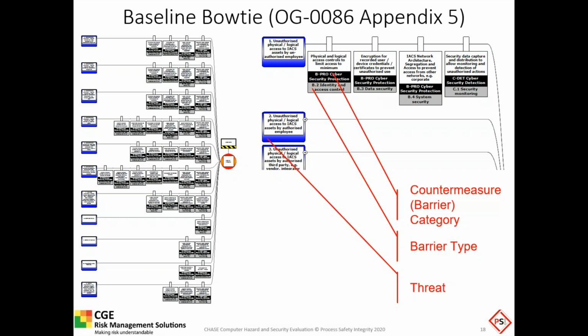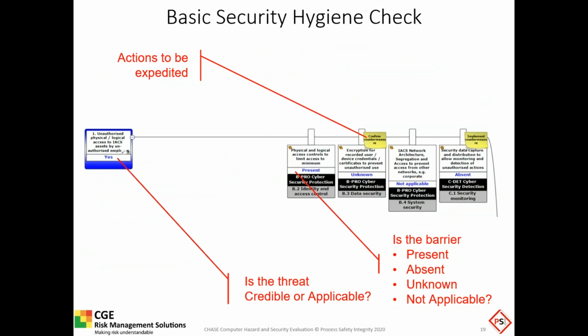So we've got barriers here, which are the countermeasures. We've got barrier types, whether they're protection or detection, and we've also got the threat types on the left-hand side. A really simple, we've called it a security hygiene check. Using this OG0086 Bowtie, you can simply evaluate the threats.